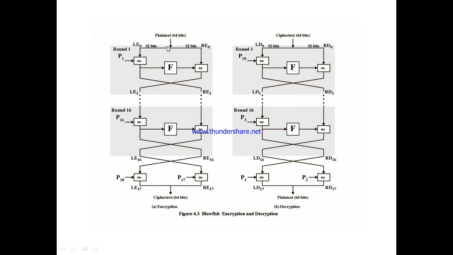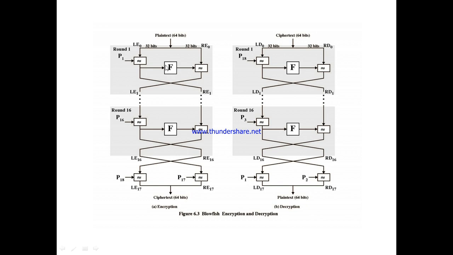So here the left half is XORed with P1, and the resultant is taken as the right half for the next round. That resultant will also be given to the round function.